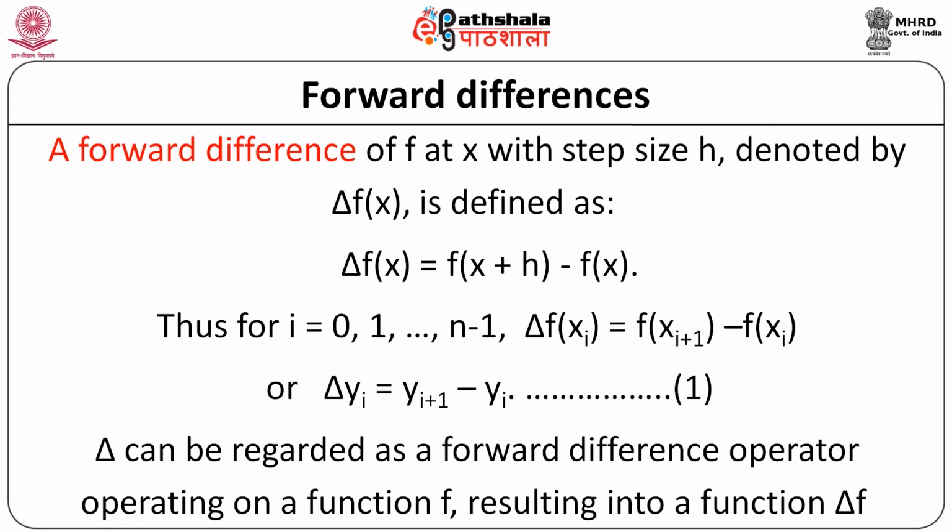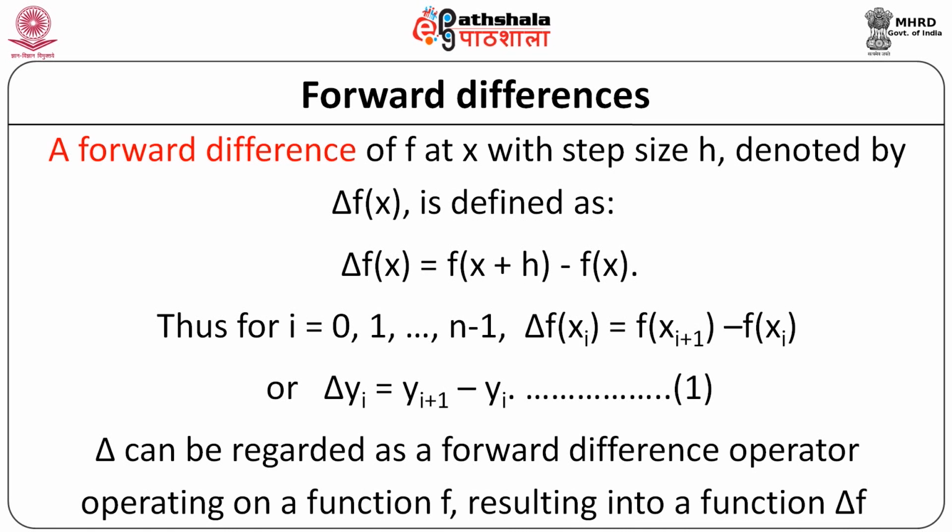Then in that case the forward difference of f at x with step size h is denoted by Δf(x) and is defined as Δf(x) is equal to f(x plus h) minus f(x).